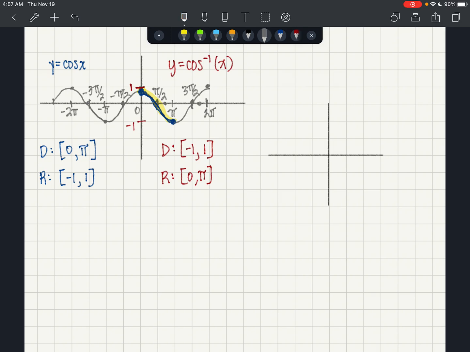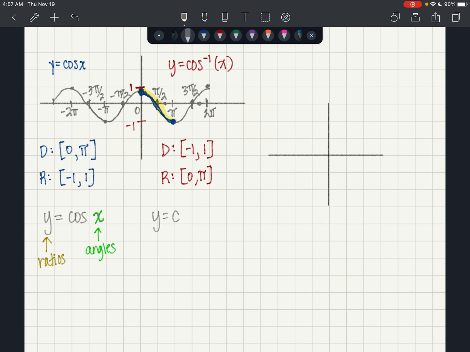Now let's talk real quickly about what we have here. Y equals the cosine of x. We input angles into our cosine function, and our outputs are ratios.